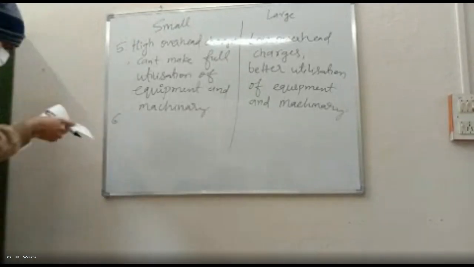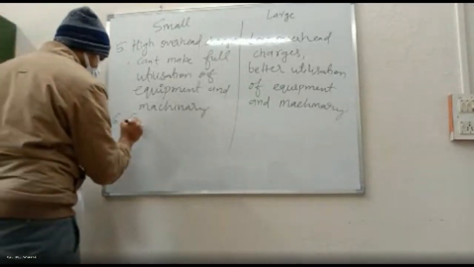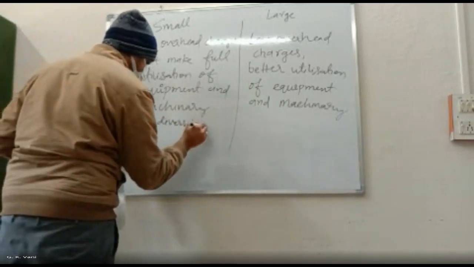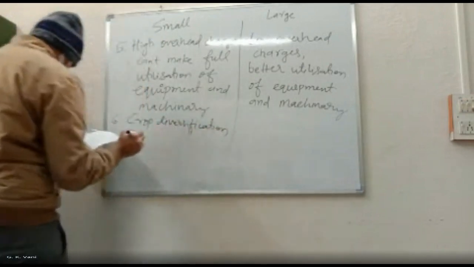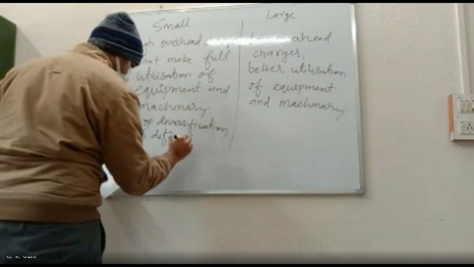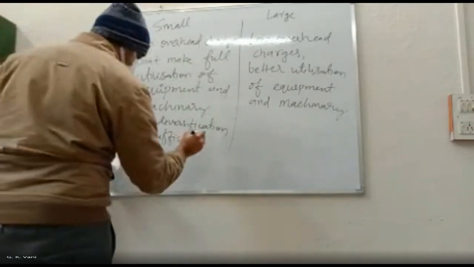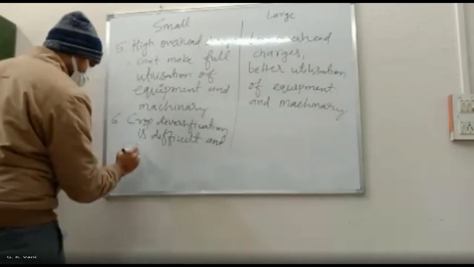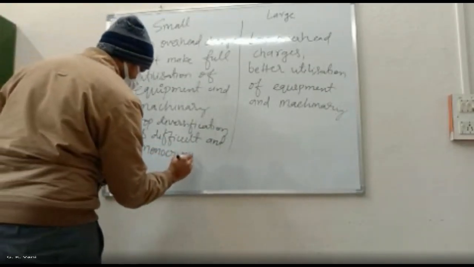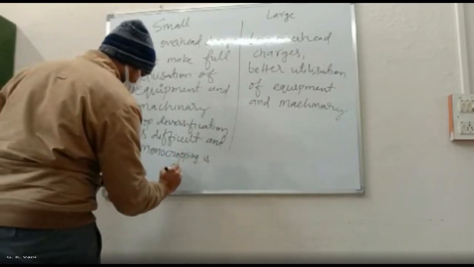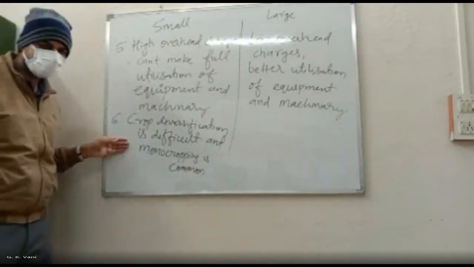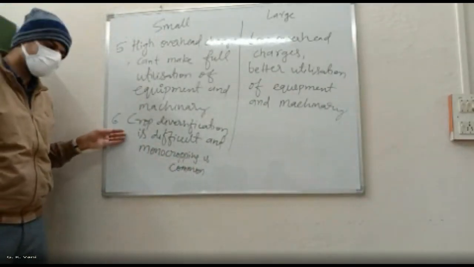Next one, crop diversification is difficult and monocropping is common, very common.